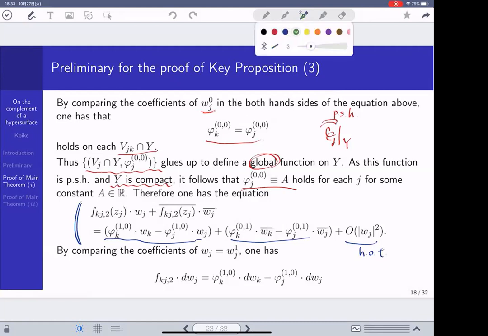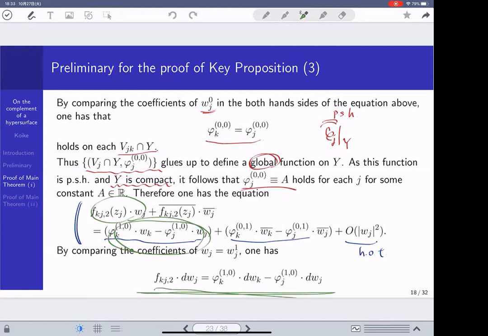Next, let us compare this one and this one. Then we have this equation. phi kj2 dwj is equal to phi k10 dwk minus phi j10 dwj on Vjk intersection Y as one forms.